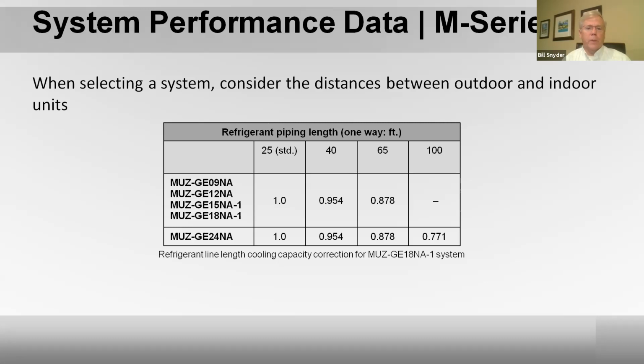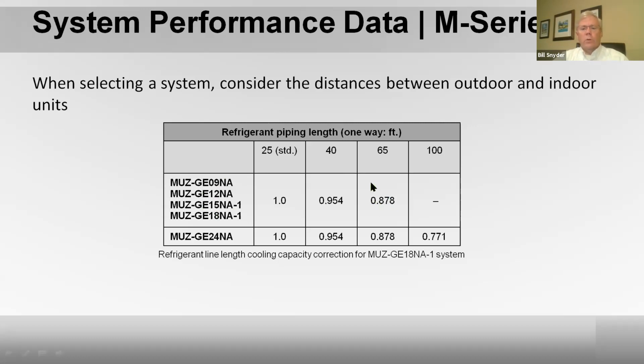But the piping length, the standard length that you can do on these M series is typically around 25 feet. If you go over 25 feet, you've got to look at the chart and see how far you can go. And on these top units over here, you have a maximum of 65 feet you can run a line. That's still quite a long distance.